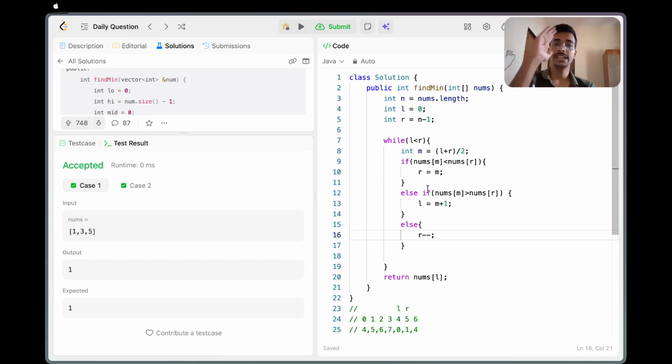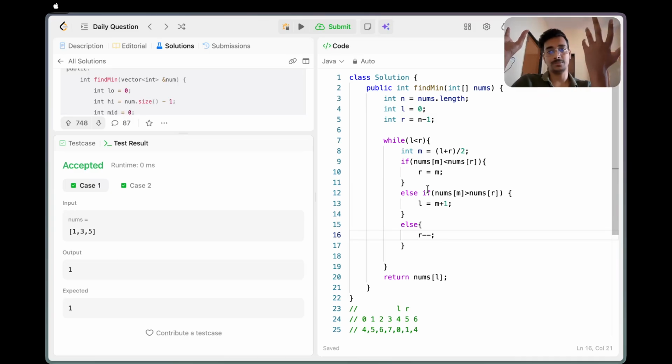If mid is less than right, that means this range is sorted, and I need to put right at the mid, and this range will be my answer. And if mid is greater than right, that means this range has the answer, and I need to bring left to mid plus 1.